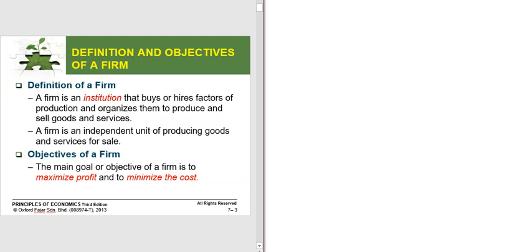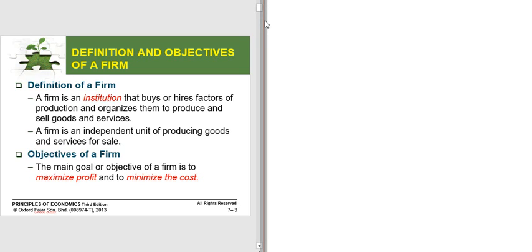But first we are going to look at the definition and objectives of a firm. You have to understand what a firm is and what its goals are, and what its main objective is when it produces a certain product or is involved in a certain market. A firm is an institution that buys or hires factors of production.